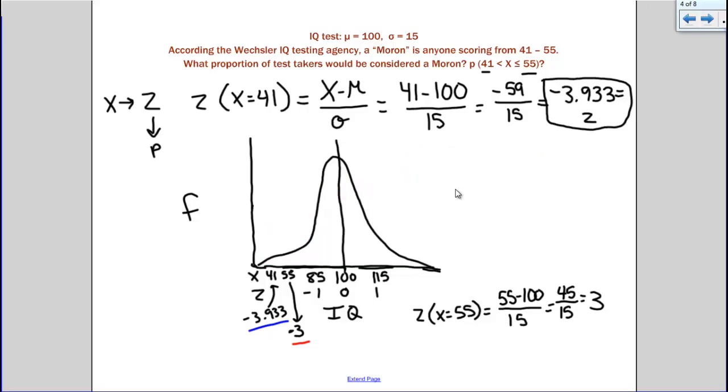So now we can use the body approach, whereas before we used the tail approach. Let's color code, my favorite thing in the world. We can find the proportion in the body for a z-score of negative 3.93, and then subtract that from the proportion in the body for a z-score of negative 3.